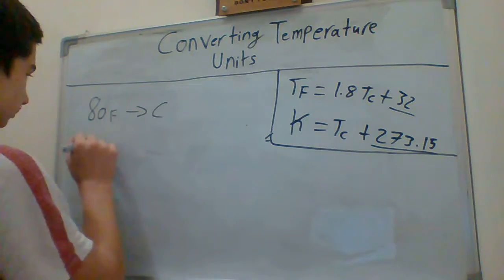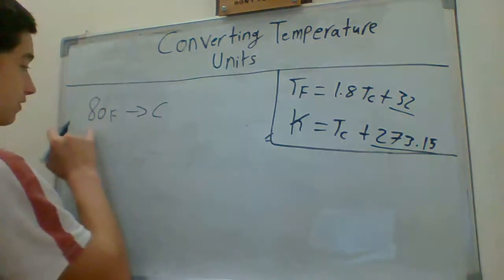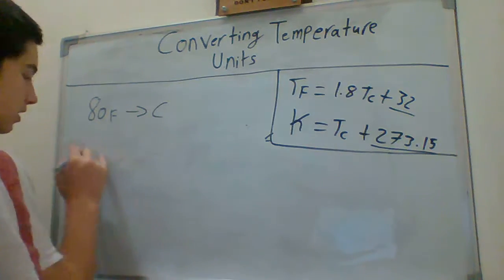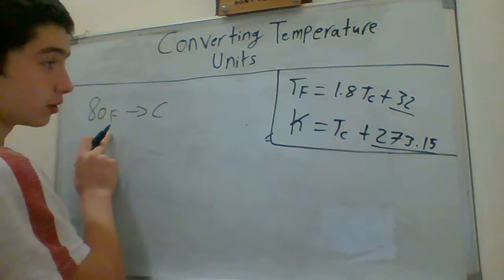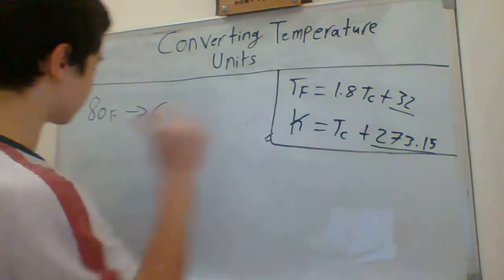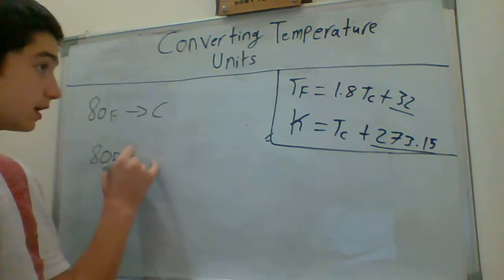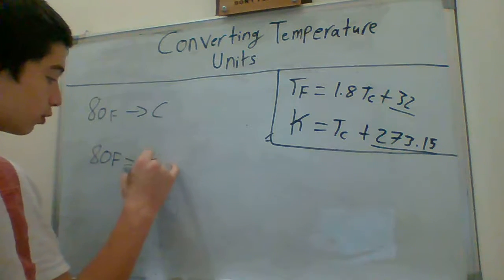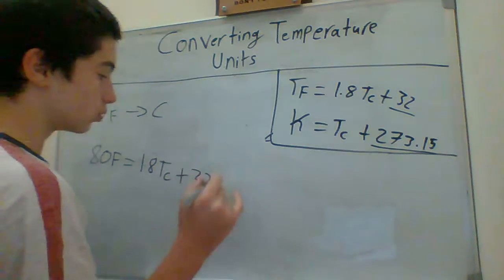So let's start. We're going to convert now 80 Fahrenheit into Celsius. If we have the number in Fahrenheit already given, where are we going to put it? You're right, here. So we're going to write 80 Fahrenheit equals 1.8 TC plus 32.